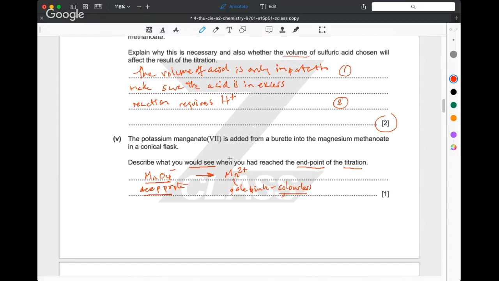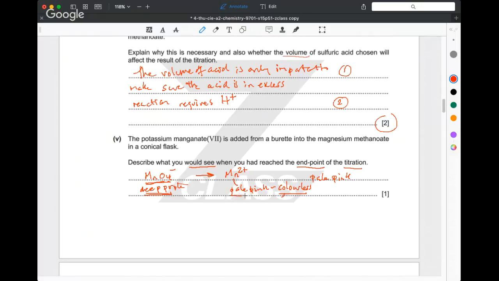And you've reached the end point because when you add 1 drop too much of this, it's such a deep purple color, the single drop that you've added to reach the end point of the titration colors the whole solution a very pale pink. And so the answer here is, you're looking for a pale pink color. You saw that in the mark scheme.